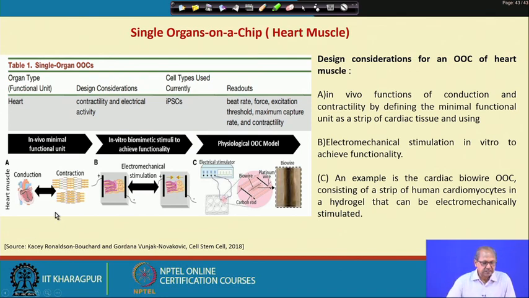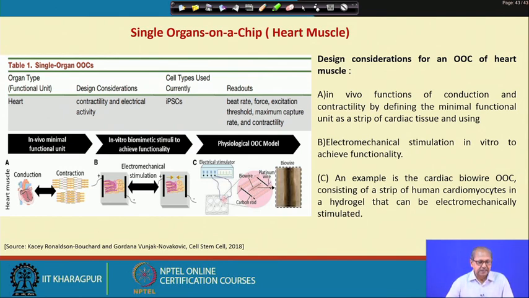So, here the minimum functional unit is a bundle of contractile fibers, or you can say myocytes. When contraction occurs, it generates force, and that force is aggregated to make the heart beat.